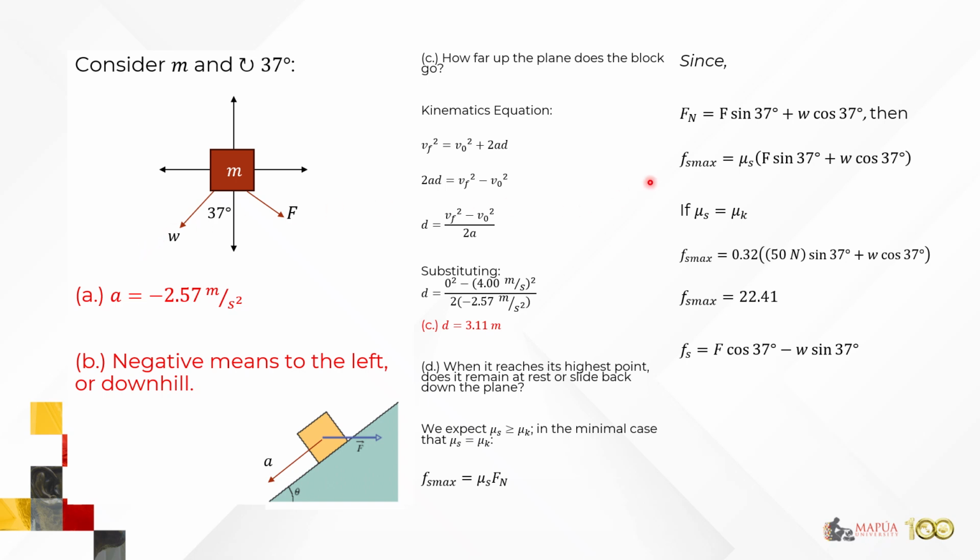If you try to solve, you should get an answer of 9.26 newtons. And if you compare, it's actually less than 22.41, the maximum force here. That means if f sub s is less than f sub s max, the block remains at rest. It will stop at a certain height and will not go down. So hopefully that's clear.